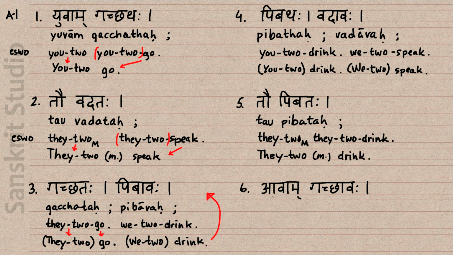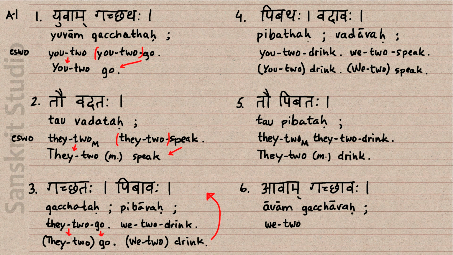Number 6, avam gachavaha. Okay, let's do avam. We have two long a's here. Avam gachavaha. We have one long a in gachavaha. And avam, so that's first person, we two. And this is not gendered. It's just like you two, also not gendered.